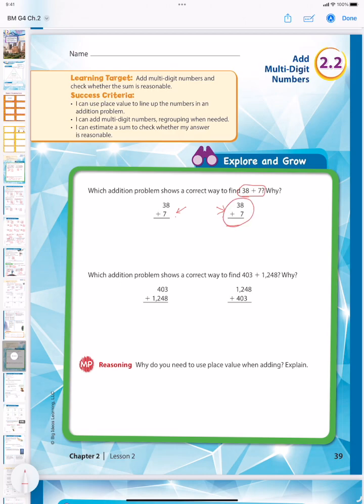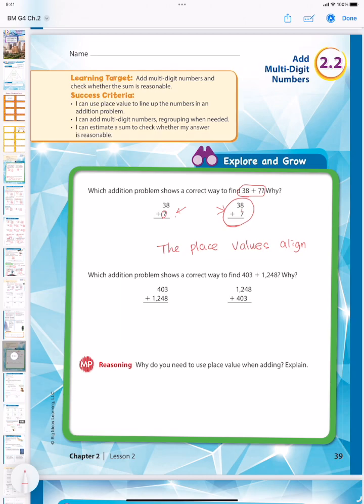If you chose this second one, you are correct, because we need to line them up by their place value, which is 7 is ones place. You see? But here, the 7 is in tens place, which is wrong. Please keep that in your mind.